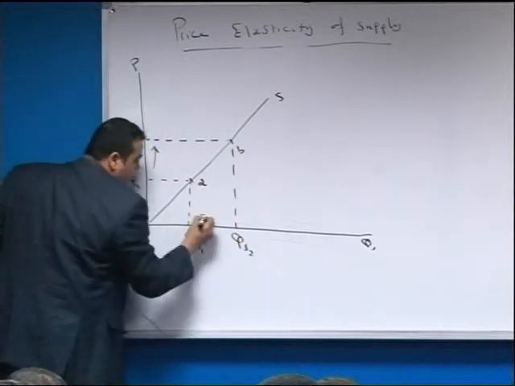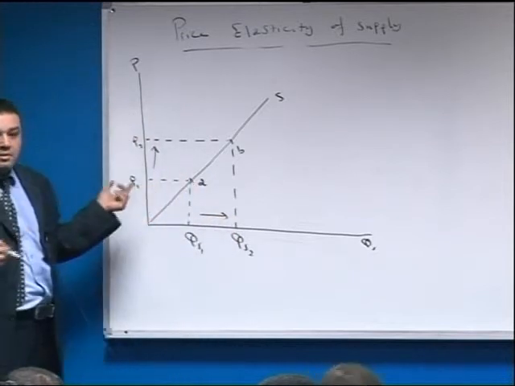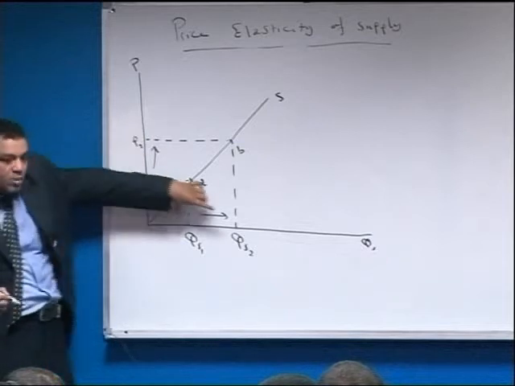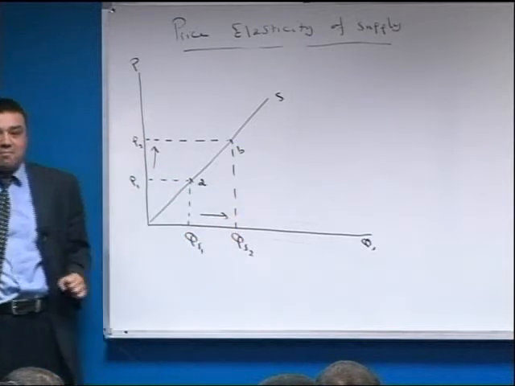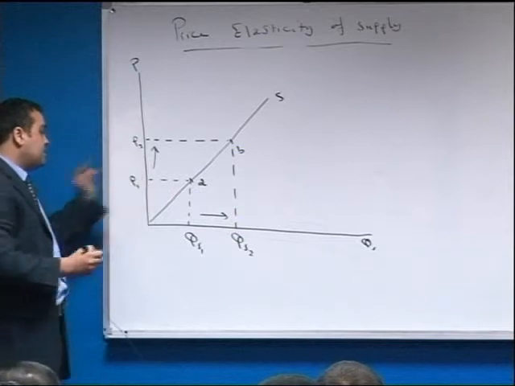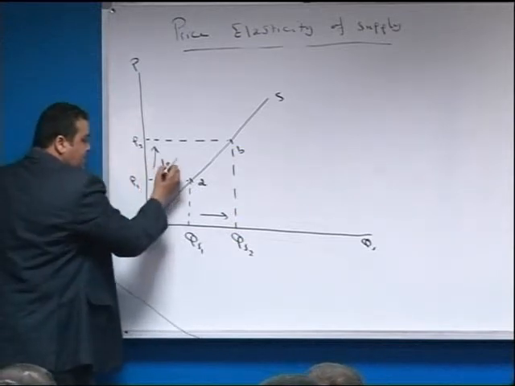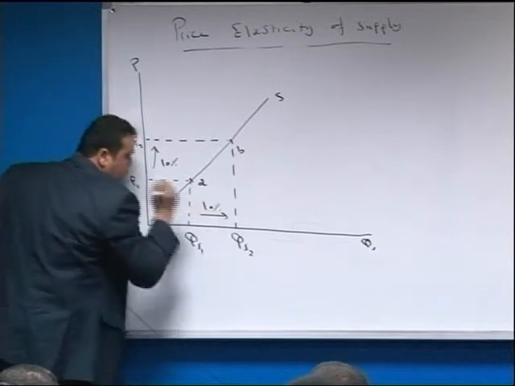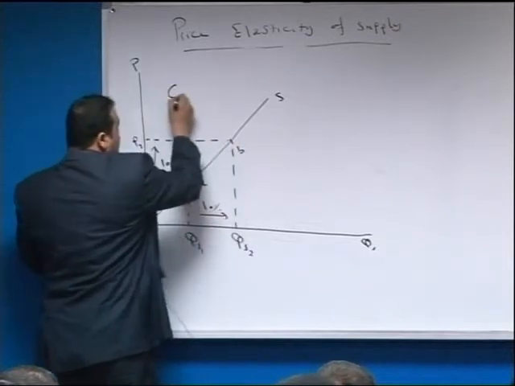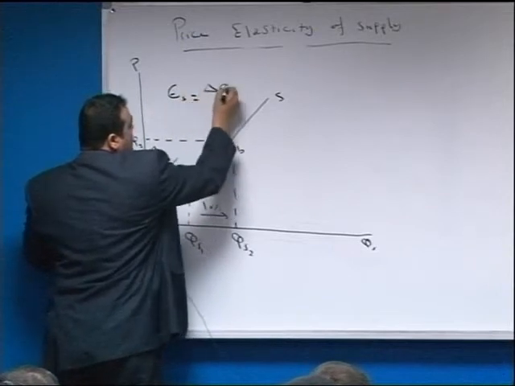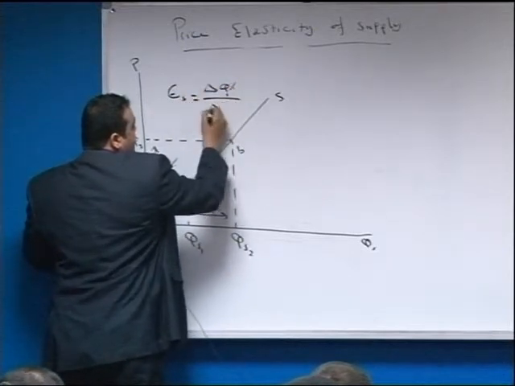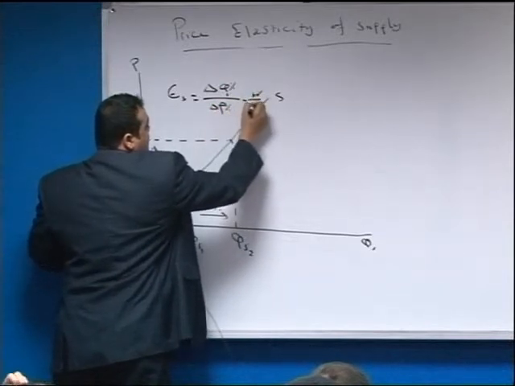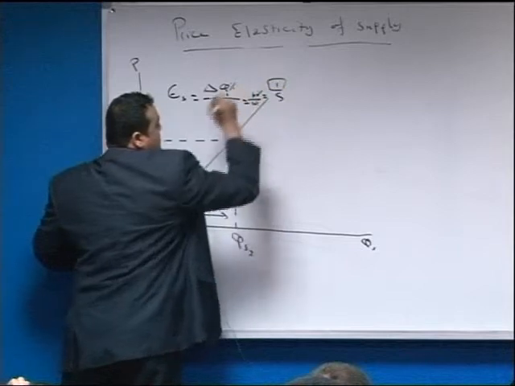As you see in this figure, the percentage change in the price equals the percentage change in quantity supplied. So suppose that an increase in the price by 10% leads to the same increase in quantity supplied. So ES equals delta Q percent over delta P percent equals 10% over 10% equals 1.